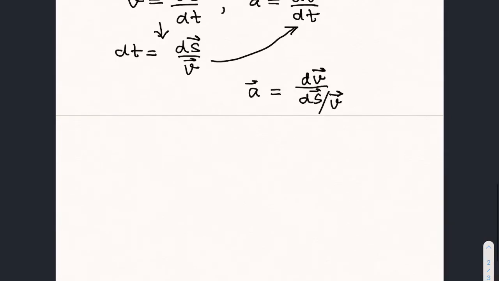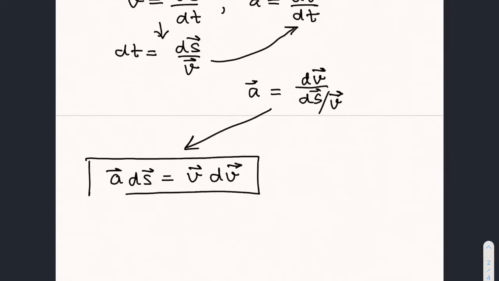And then if I write this, a ds equals v dv. So this is another kinematics relationship, which is the relationship between acceleration, displacement or position, and velocity. What we did here is that the time is eliminated in the relation.